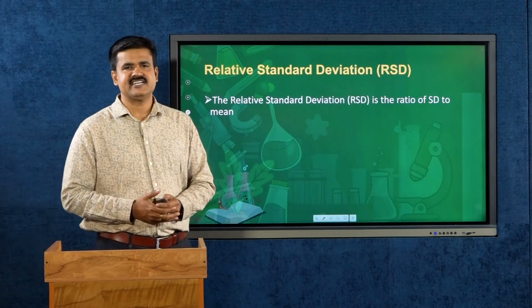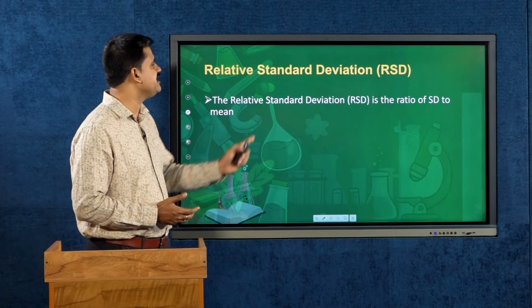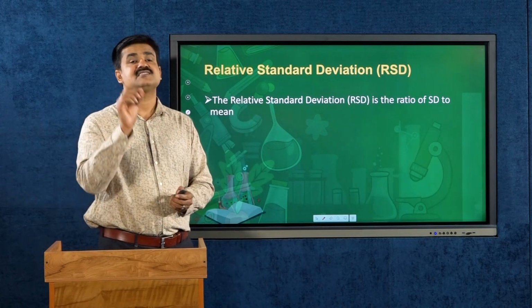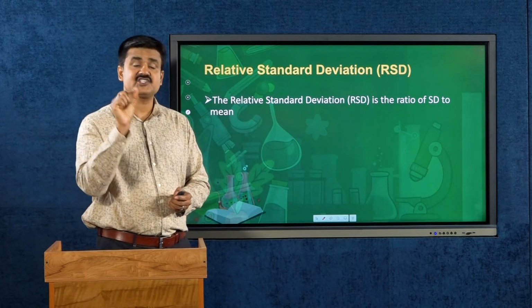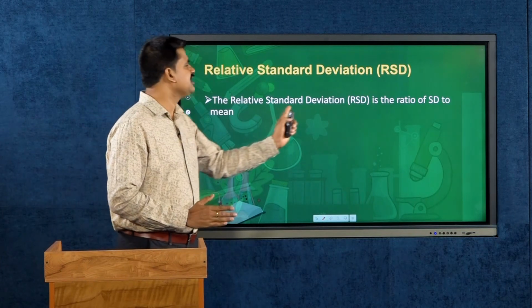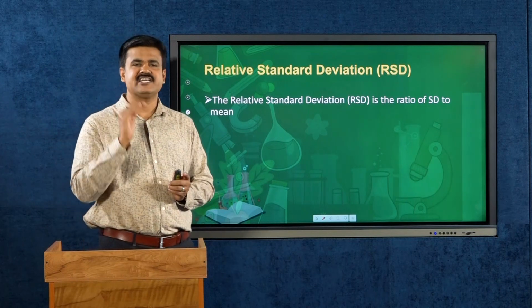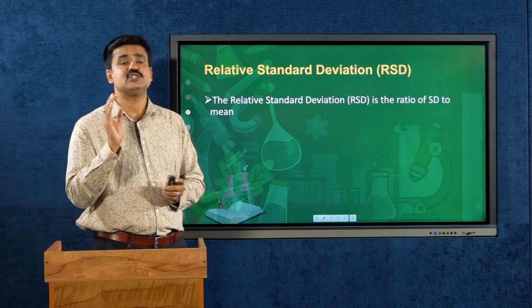The relative standard deviation is the ratio of standard deviation to mean. This is very important as far as the definition of relative standard deviation is concerned. RSD is a ratio: the ratio of standard deviation to mean.